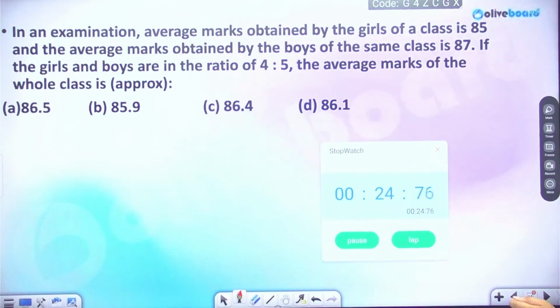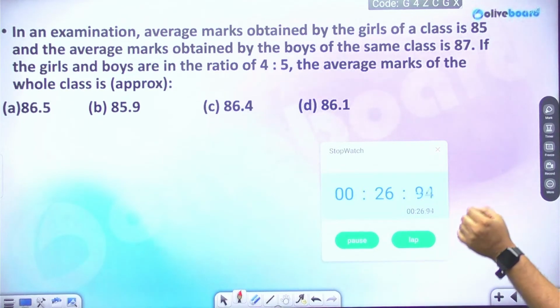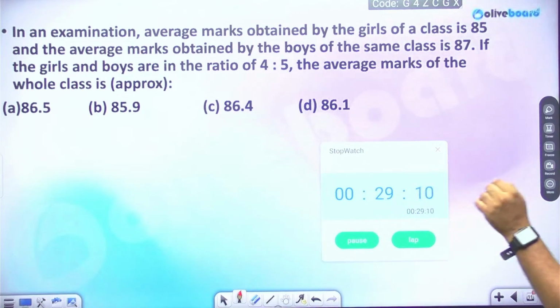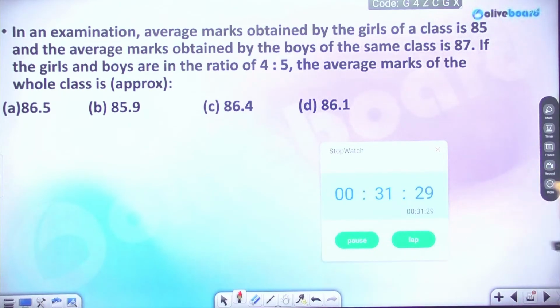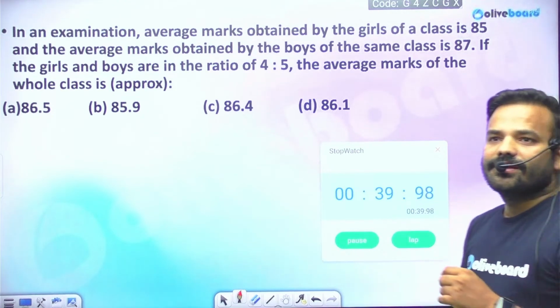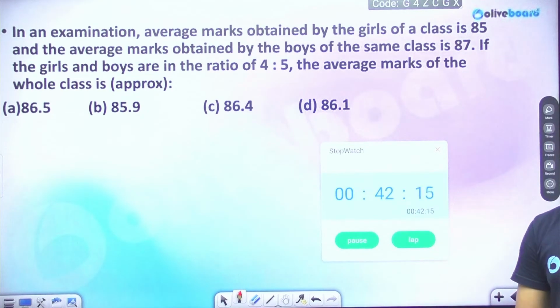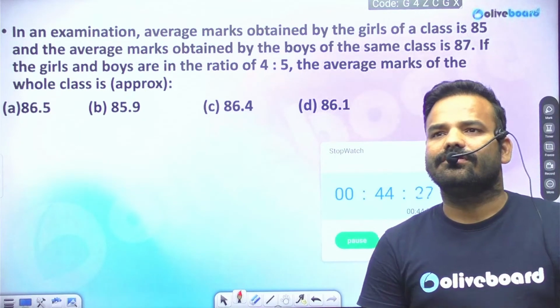In an examination, average marks obtained by the girls of a class is 85 and the average marks obtained by the boys of the same class is 87. Both girls and boys are in the ratio of this, the average marks of the whole class. Okay, what should be the average? Watching this type of question for the first time, okay. These questions are asked in CDS also.